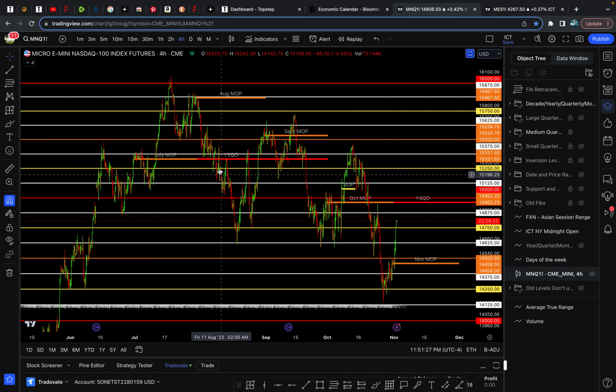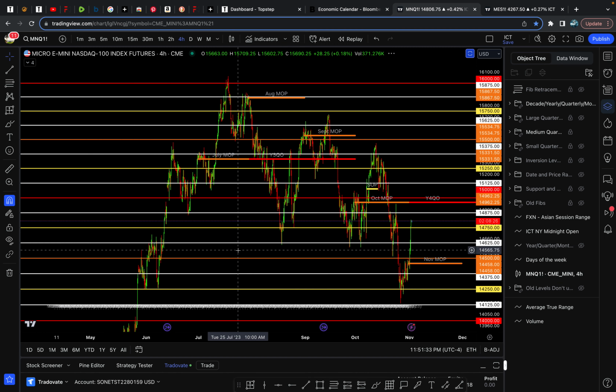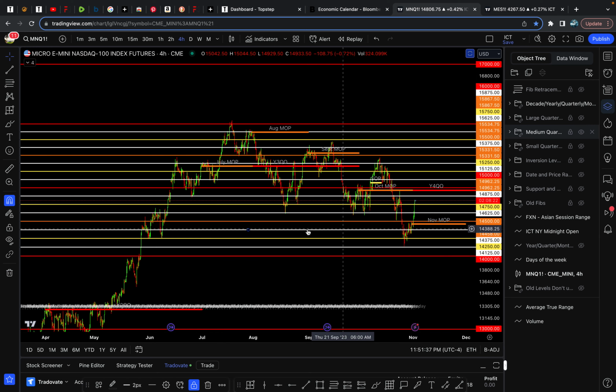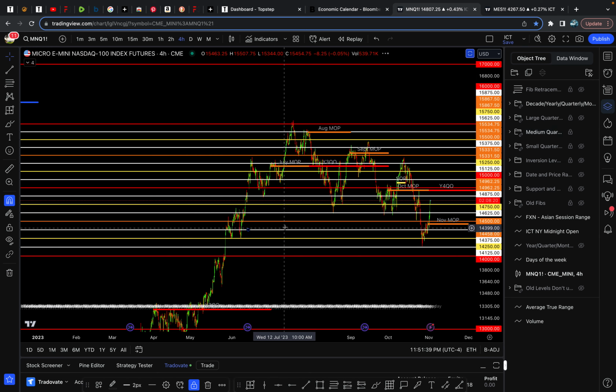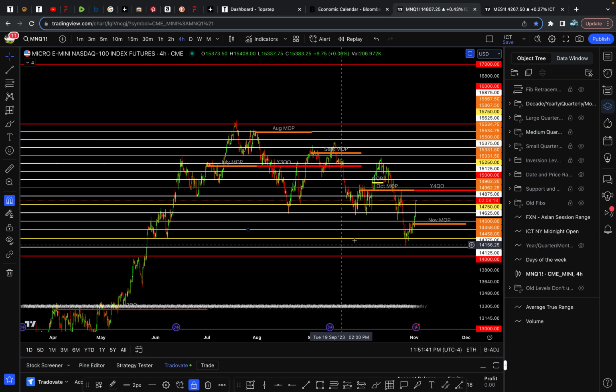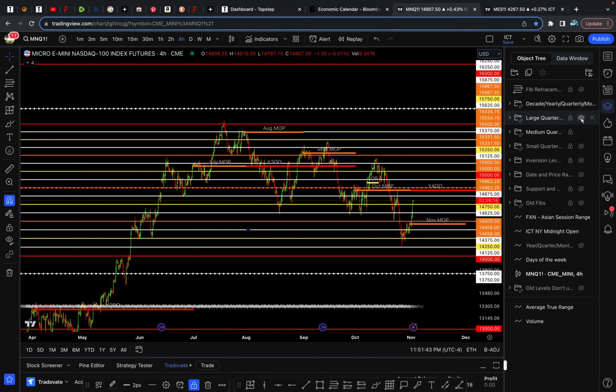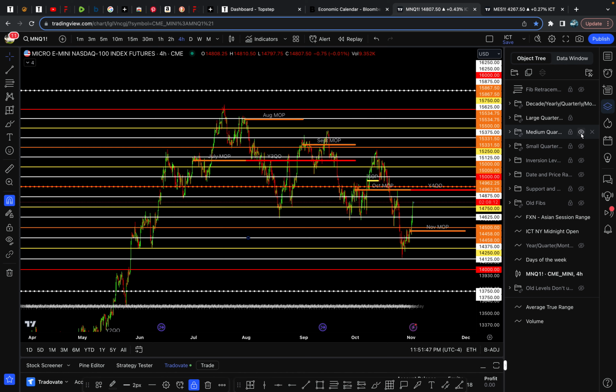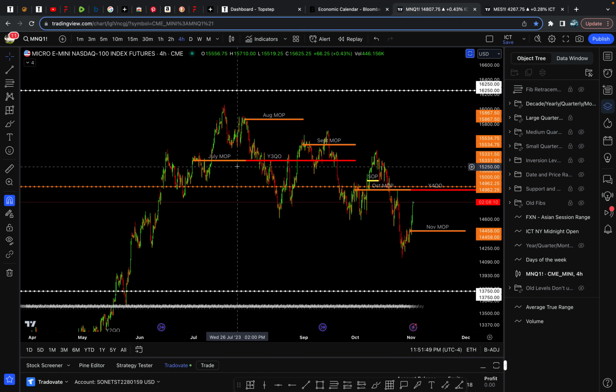It gets a reality check down here. The bubble burst. And gets a correction. Got a correction there. Down to where? Well, don't forget to put your big levels on there. Down to there.